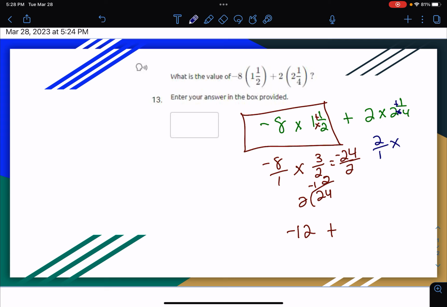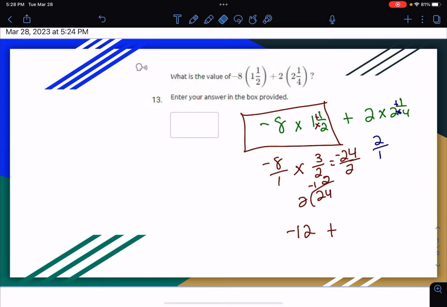So 4 times 2 is 8 plus 1 is 9. So 9 over 2. So now I'm just going to go ahead and multiply top with top, bottom with bottom. So 2 times 9, 18. And 1 times 2 is 2.